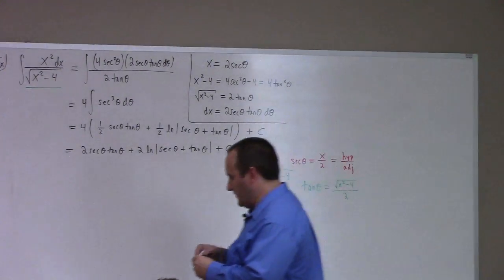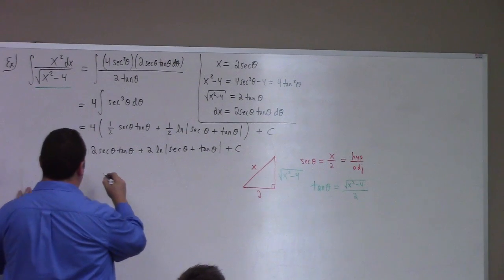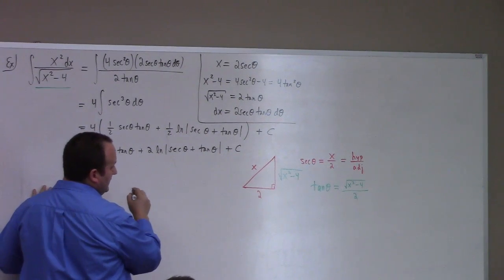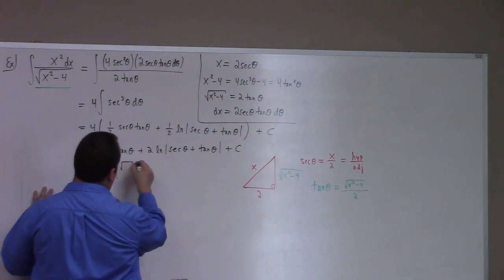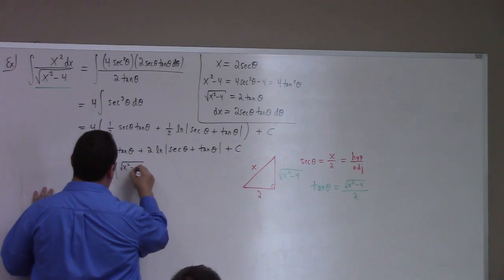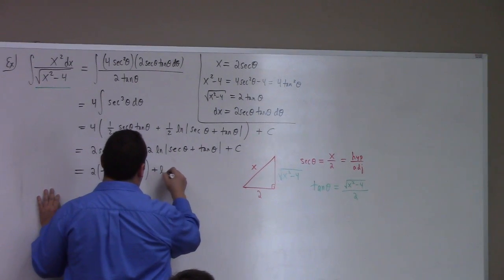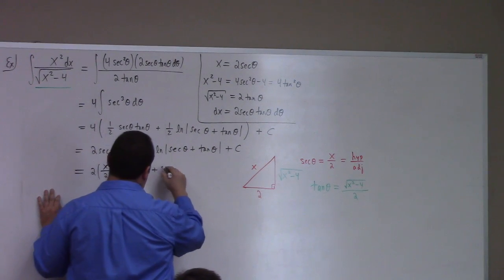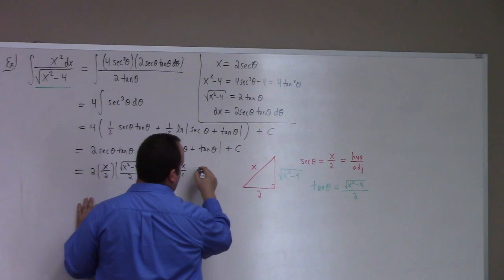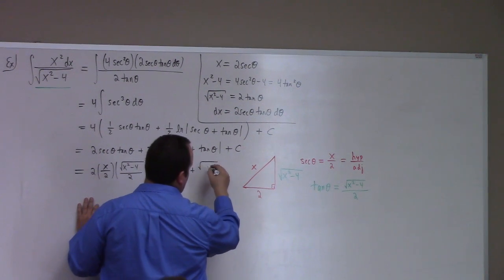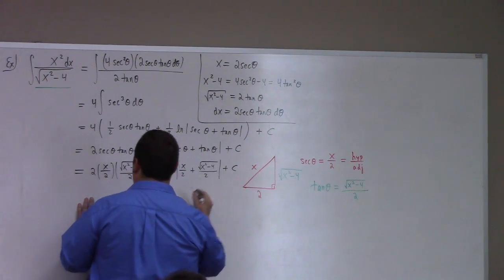And so put it all together, what do we get? We get 2 times secant theta, which was x over 2, times tangent theta, square root of x squared minus 4 over 2. And then plus 2 natural log absolute value, secant theta is x over 2, plus the square root of x squared minus 4 divided by 2, plus a constant.